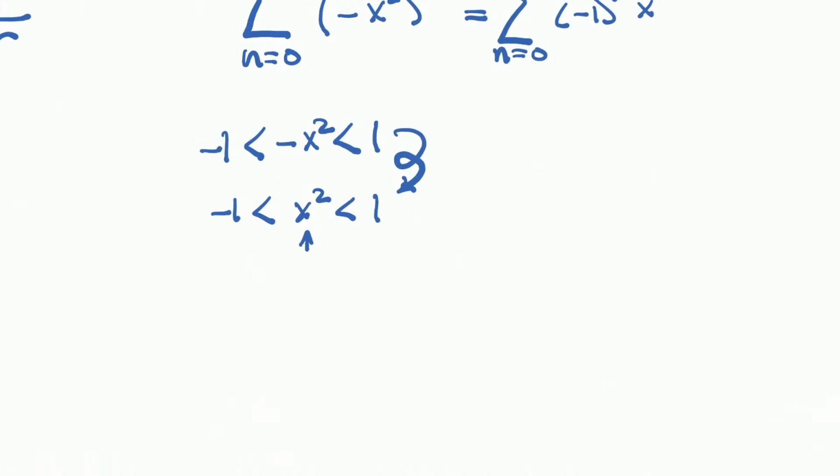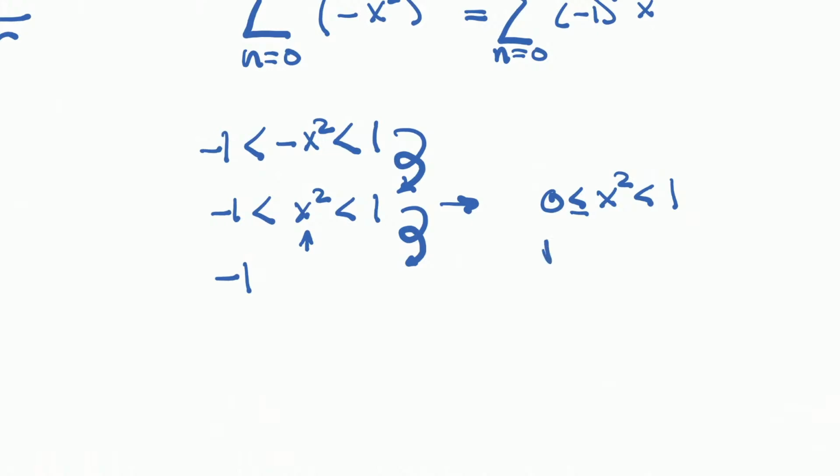However, when you do the square root of x squared, you're going to have an absolute value. And so you end up reintroducing the negative. So really there's another step, and I'll write them out because this one's a new one. 0 is less than or equal to x squared is less than 1. So technically that's true. But then you end up with this.